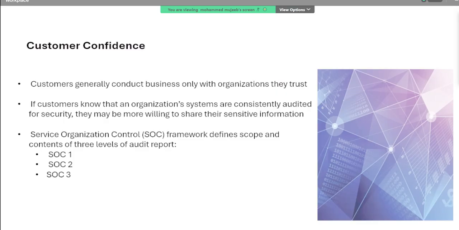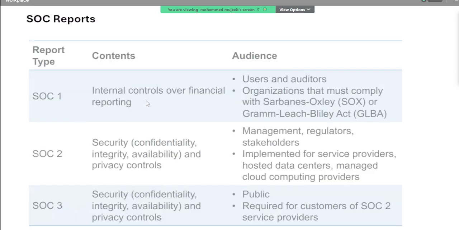Service Organization Controls, SOC frameworks, define the scopes and contents of three levels of audit reports: SOC 1, SOC 2, and SOC 3. We'll cover all three reports here. SOC 1 is internal controls over financial reporting, so SOC 1 audits mostly happen in the financial industry.